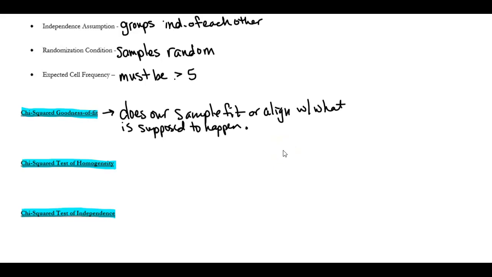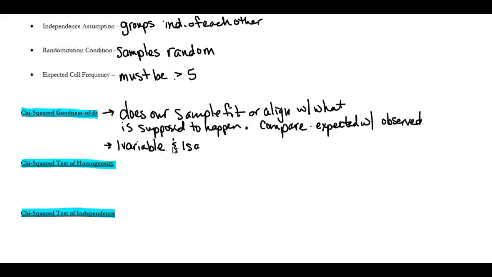The technical statsy way to talk about it is we're going to compare expected with observed. What did you expect versus what was actually observed? An important thing to keep in mind with goodness of fit, it can only look at one variable at a time and one sample at a time. It cannot look at multiple variables. So in class, we looked at the color of M&Ms. It can only look at that variable, which is color.